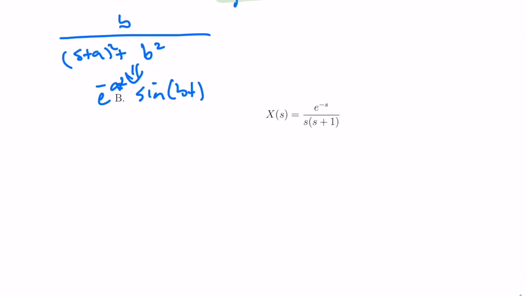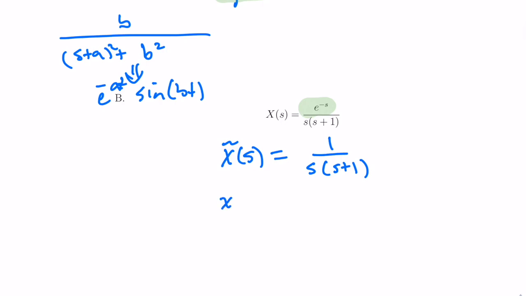The next problem is an inverse Laplace transform problem, and you needed to recognize that this e to the minus s term suggests the time shift property. The way I work this is I took away the e to the minus s term and called the new signal x tilde of s.